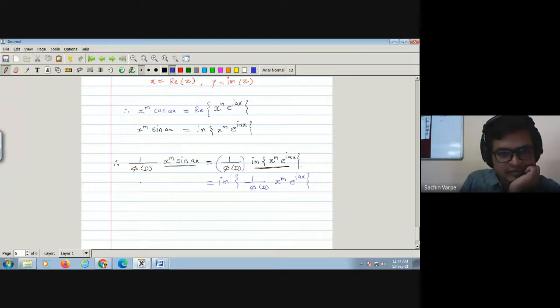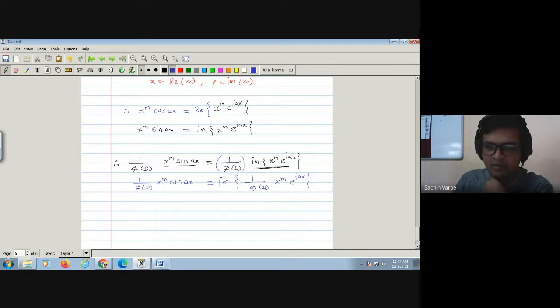So that is the first formula. Therefore 1 upon phi of D x raised to m sin ax is the imaginary part of 1 upon phi of D x raised to m e to the power i ax, and then I will proceed according to this, because this is of the form e to the power ax into v.